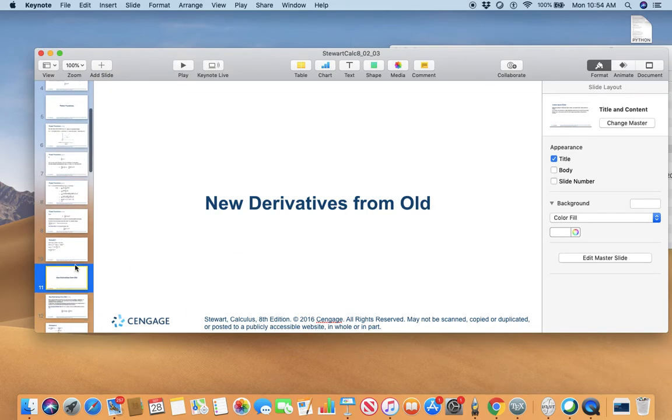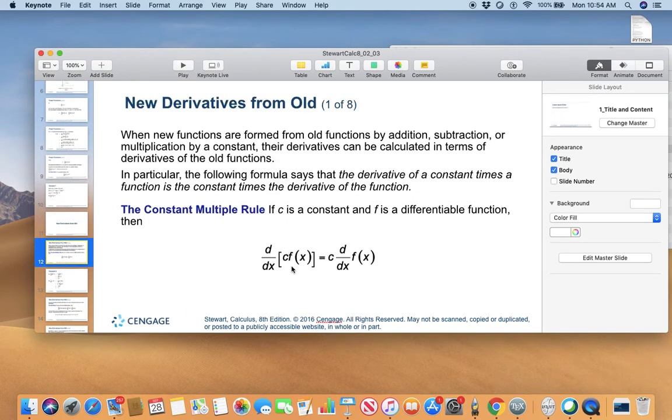New derivatives from old derivatives. Now, the constant multiple rule. So far we saw the derivative of a constant function and the derivative of a power. What if you have a function and you are multiplying it by a constant?